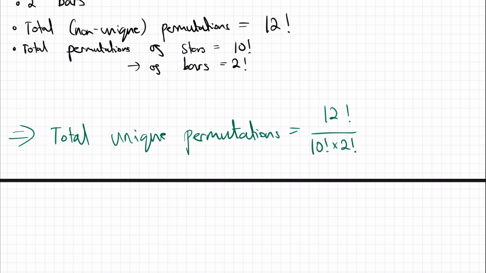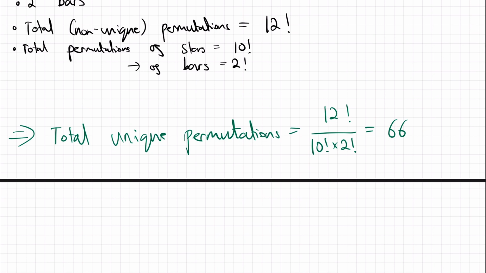Like so. And this actually comes out to, if you type this into your calculator, or just do it with a bit of simplification, this actually comes out to 66, like so.